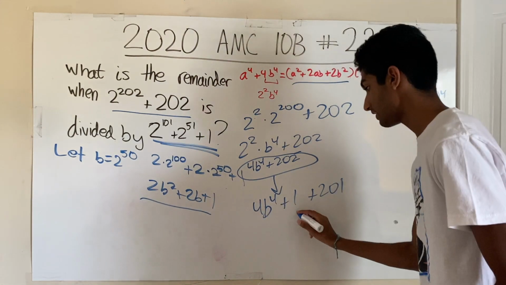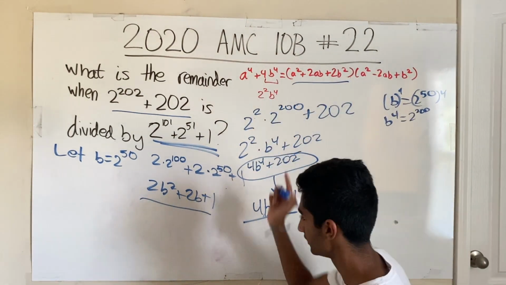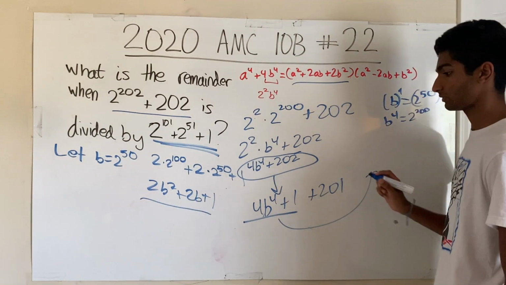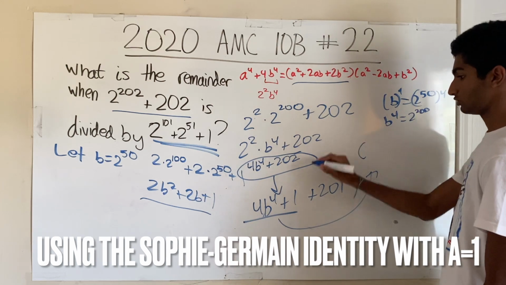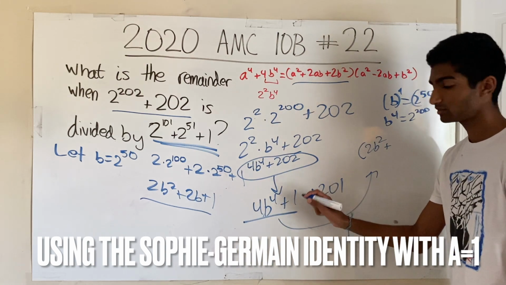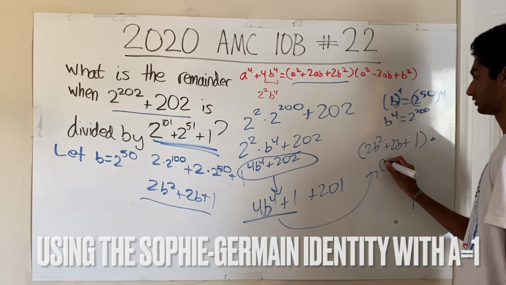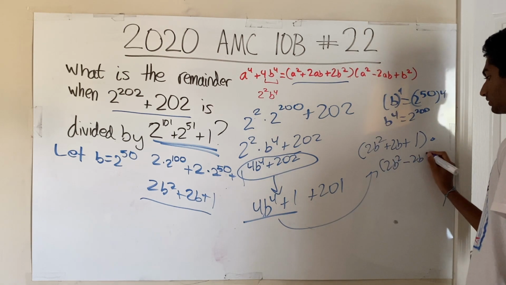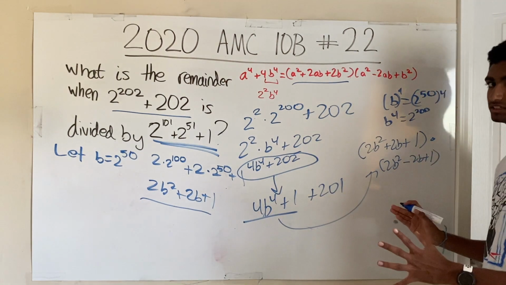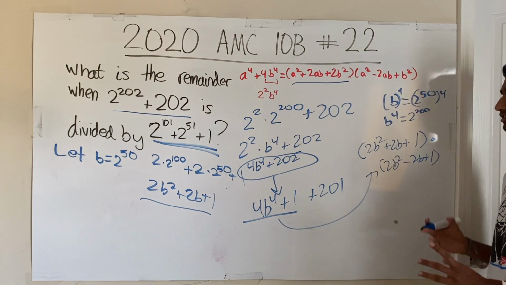And if we simplify this using our Sophie-Germain identity, from here we get 2b squared plus 2b plus 1 times 2b squared minus 2b plus 1. Now let me rearrange all these terms so that it becomes pretty clear. If you need to, pause the video right here or go back in the video so that you can see the steps again.